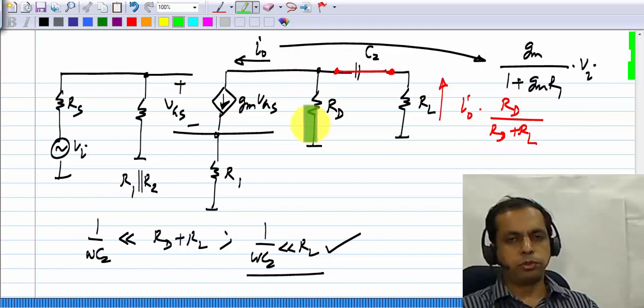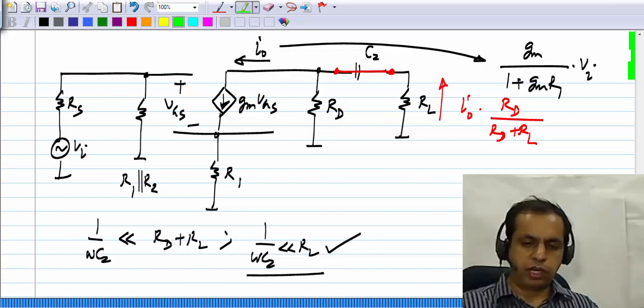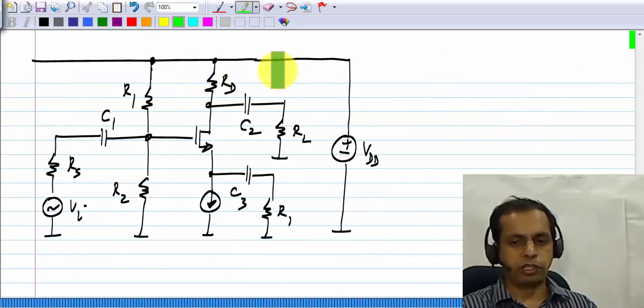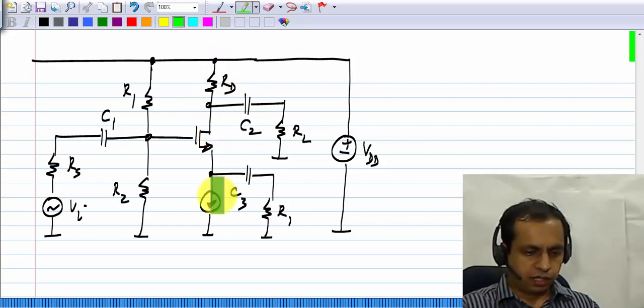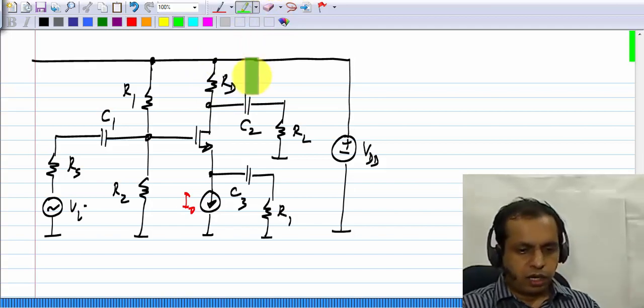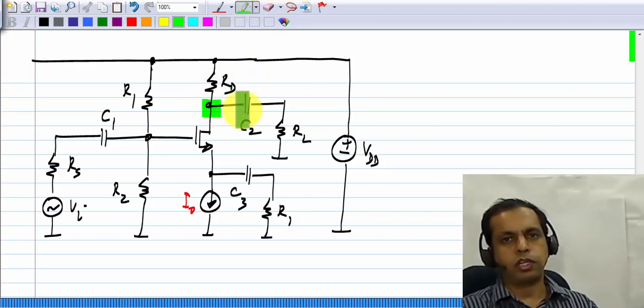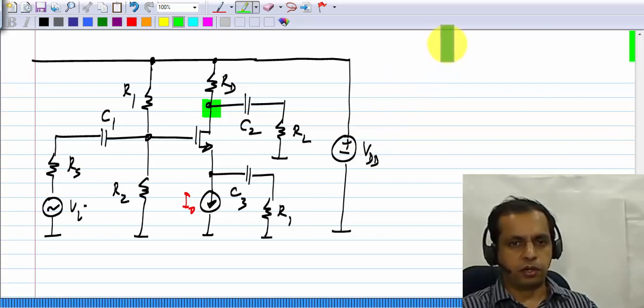If you don't want to use a large inductor here, you have to use a resistor. You could try to make the resistor as large as possible, but then you will run into the same problem that you did when you made the common source amplifier. If RD is very large, then this bias current I0 is going through RD, and to maintain a certain drain voltage which is required for saturation, the supply voltage has to be increased.